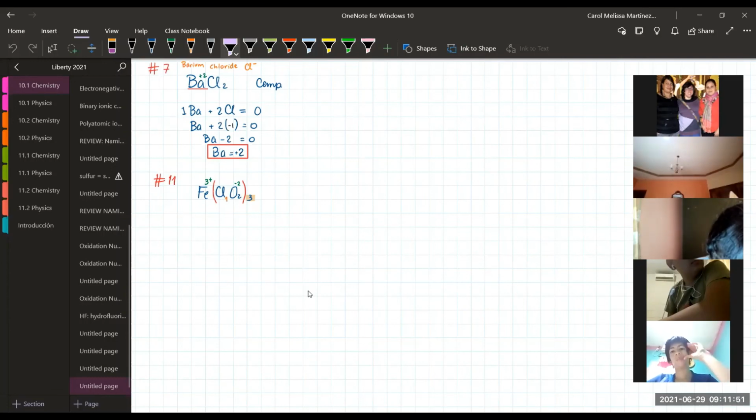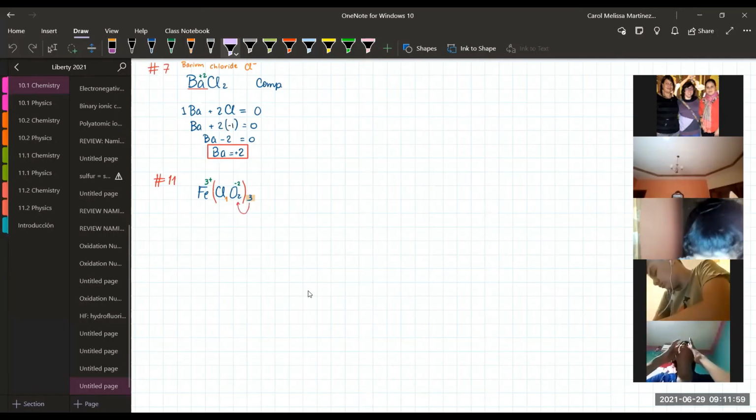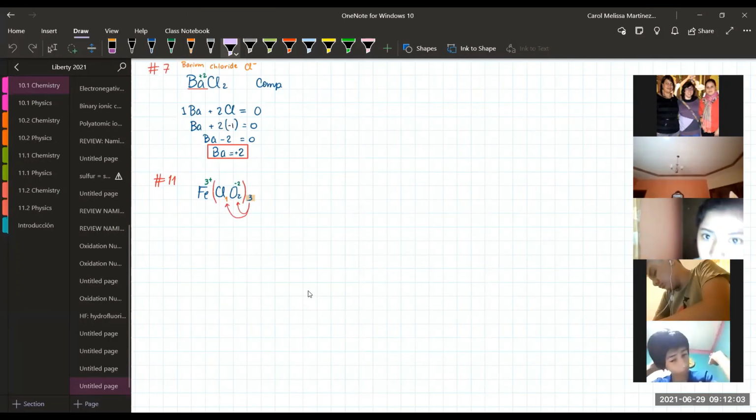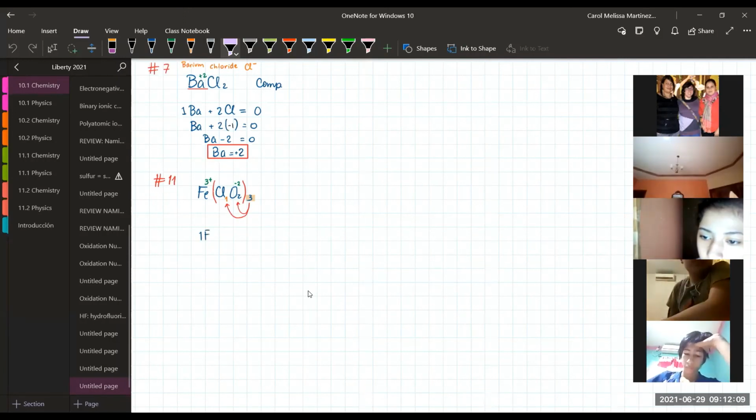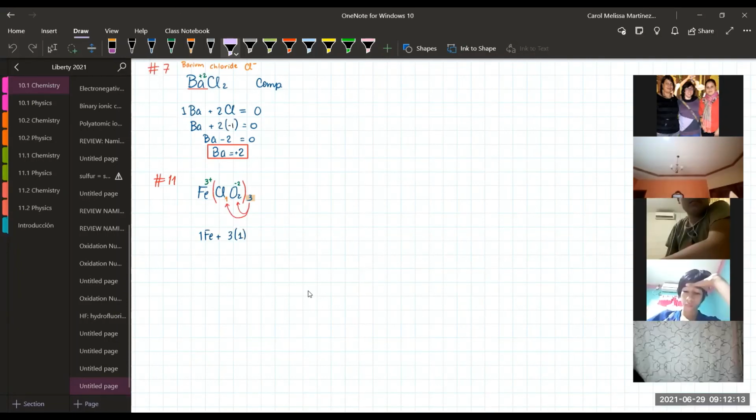So the number that is outside the parentheses multiplies everything that is inside. So the 3 outside multiplies the 2 from oxygen and the invisible one from chlorine. But it's not going to multiply iron because iron is outside the parentheses. So you say 1 iron plus 3 times 1 chlorine plus 3 times 2 oxygen.